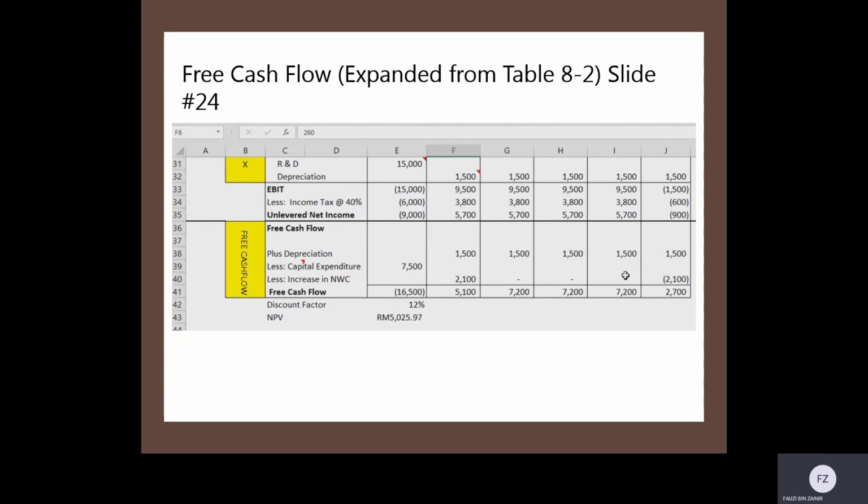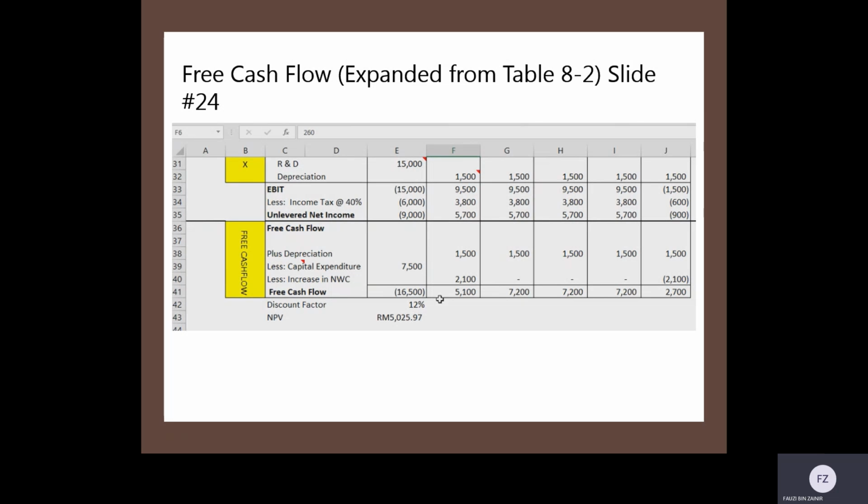But in year 5, to figure out the change, we take 0 minus 2,100, so you get minus 2,100. Meaning to say that at the end of the lifetime of that product, we are going to be able to recover the accounts receivable.